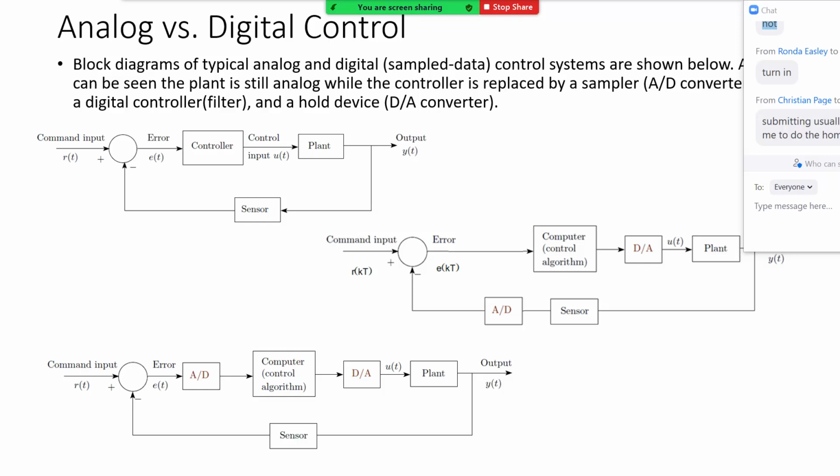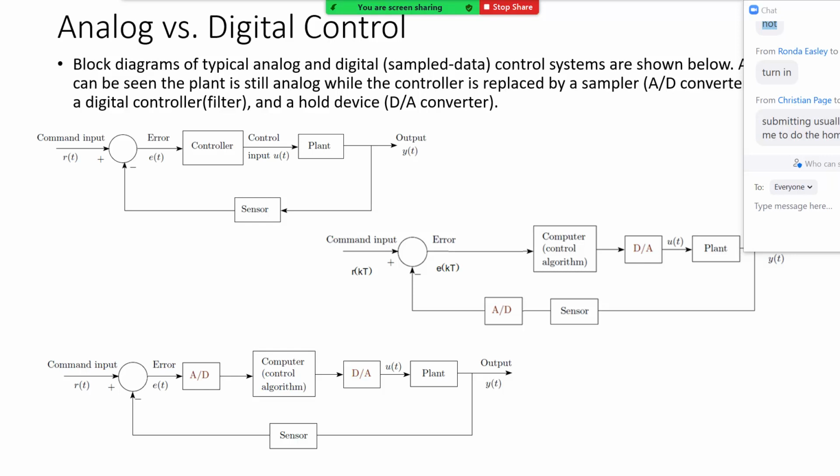Now what we're going to do is move from designing an analog controller to designing a digital controller. And what that means is, instead of building an RC circuit, or if you remember when you studied the controller design, we said the controller is implemented using an RC circuit.